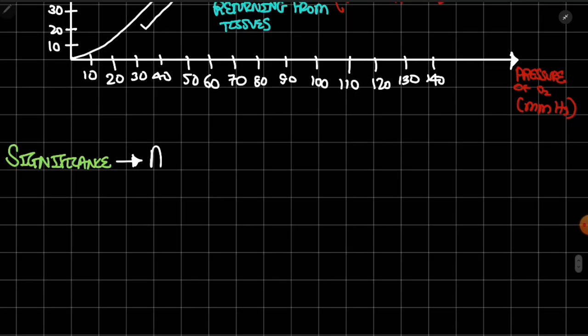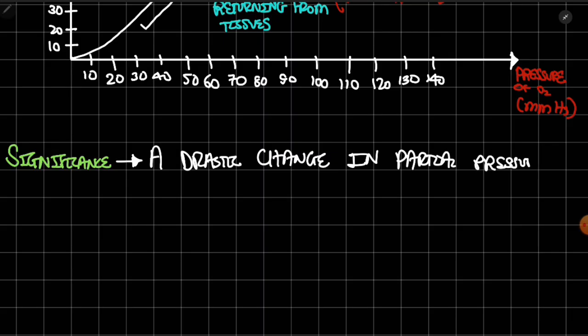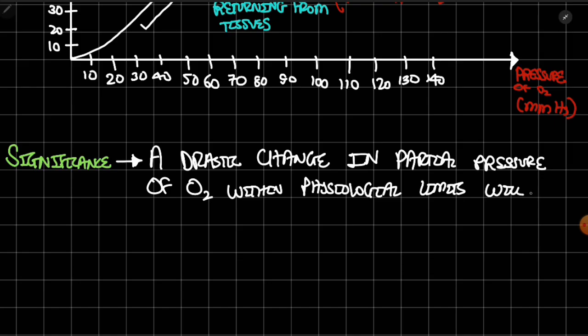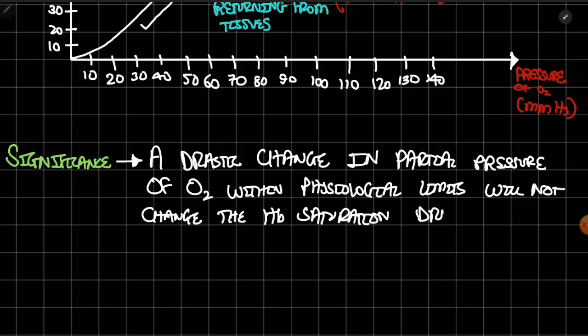A drastic change in partial pressure of O2 within physiological terms or physiological limits will not change the Hb saturation drastically.